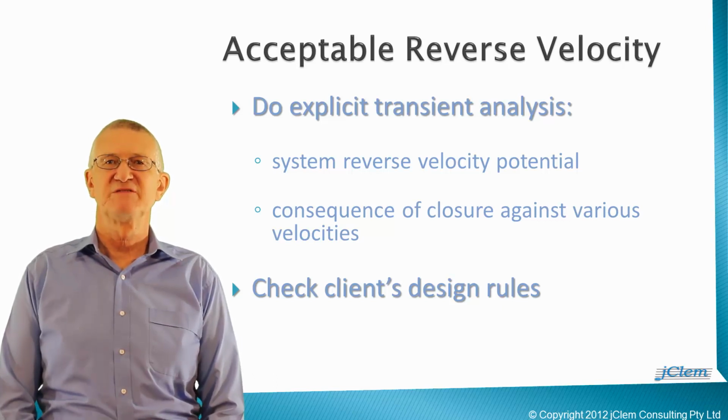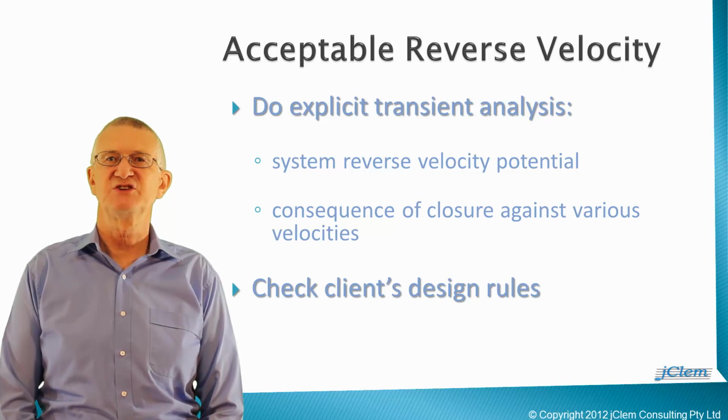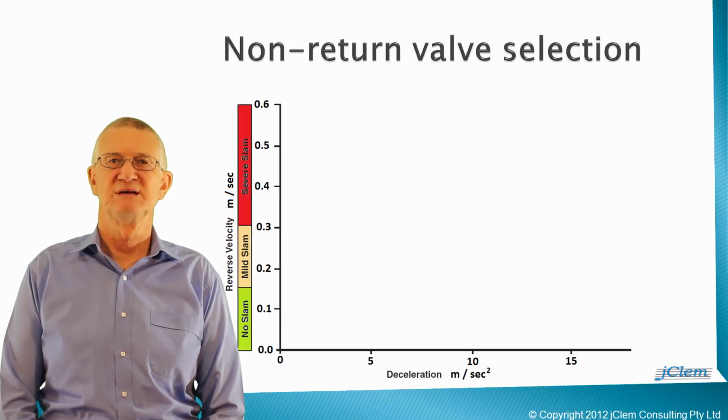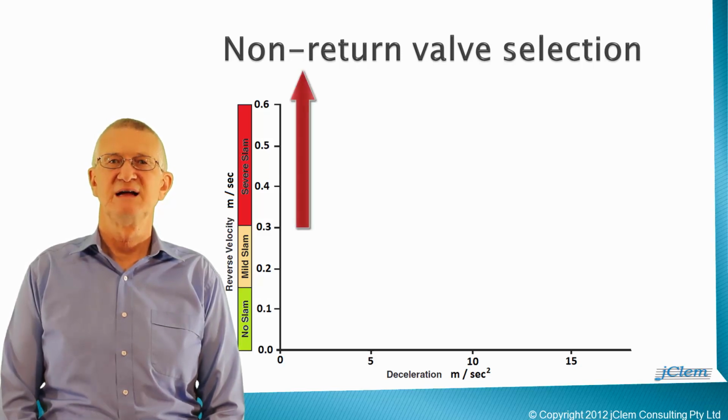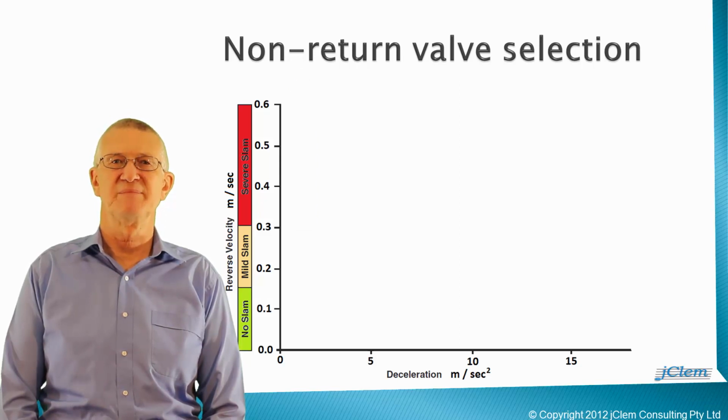In the absence of values relevant to a specific engineering project, this lesson presents the subject in qualitative and subjective terms. On the left side of the graph is a scale of reverse non-return valve velocities. The scale suggests that above 0.3 meters per second, severe slam will occur. The previous lesson tended to confirm this. It all depends on what the project client deems to be acceptable or severe.